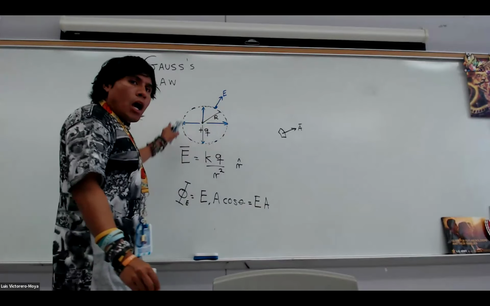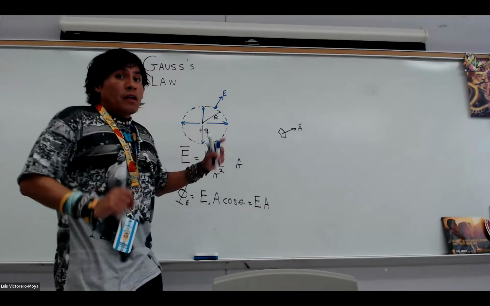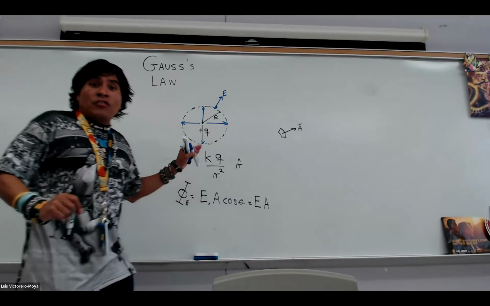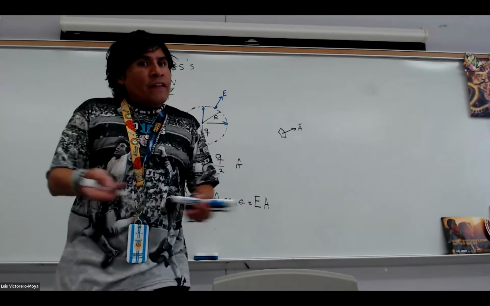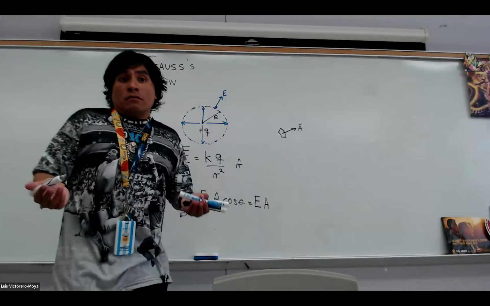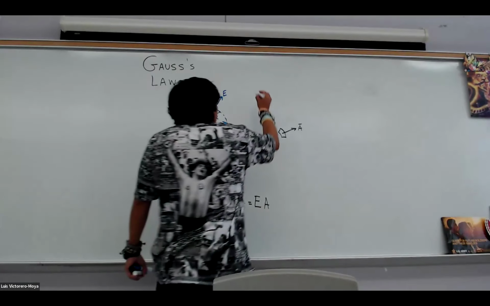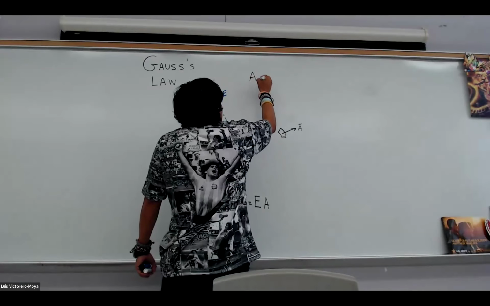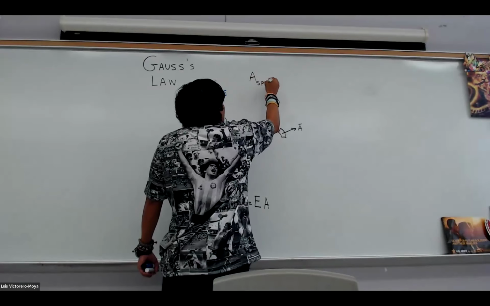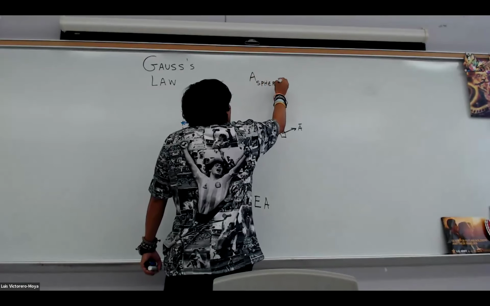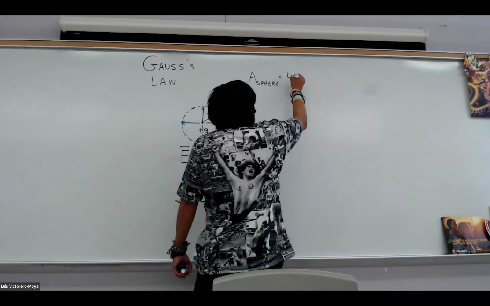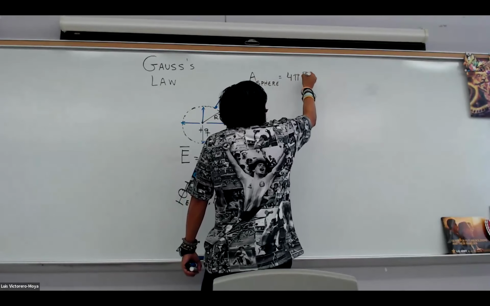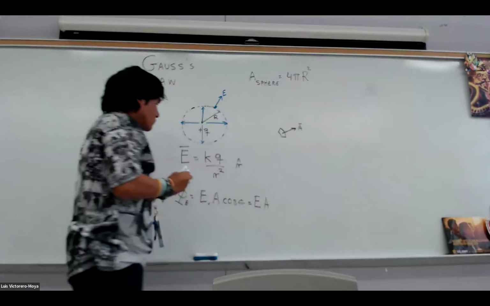What's the area of that? It might look like a circle, but we have to think in 3 dimensions. So this is a sphere. The area of the sphere is 4 pi R squared.